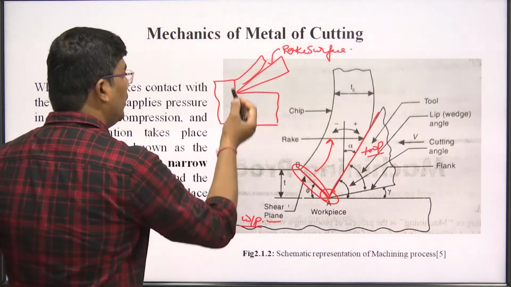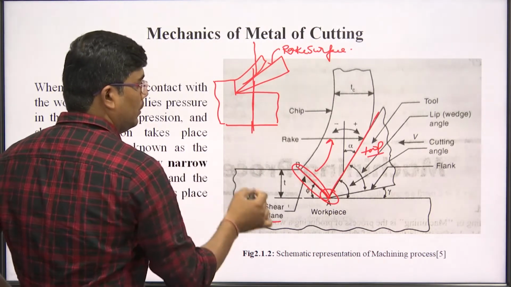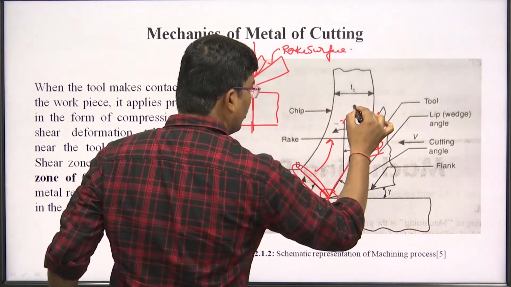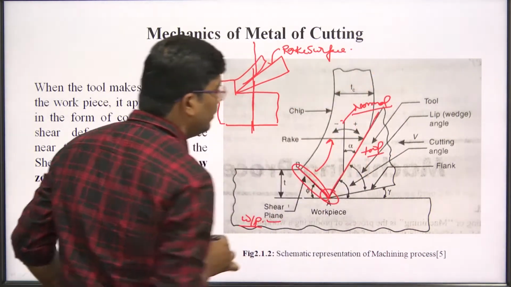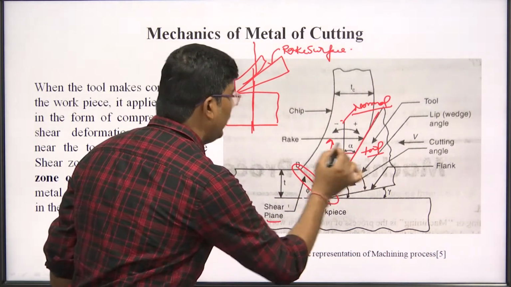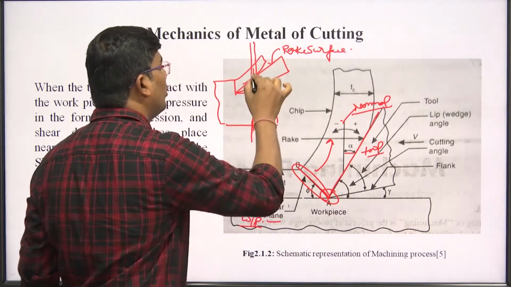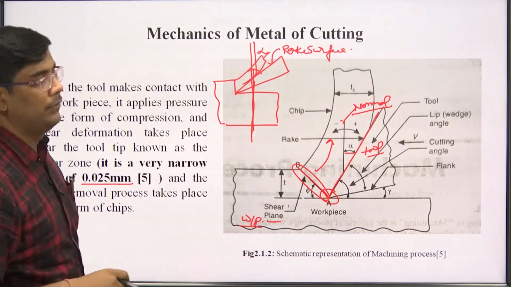And if you draw a normal in this, you can see here this is a normal. This is known as the rake angle. If you draw the normal, this angle will be known as the rake angle and is denoted by alpha.